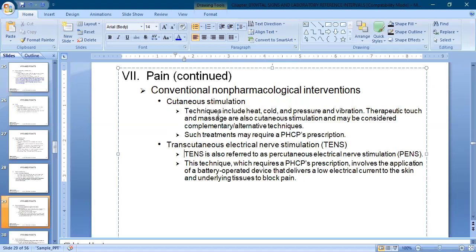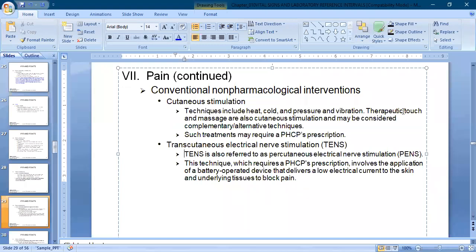So cutaneous techniques include heat, cold, or pressure, even vibration. Vibration can reduce the pain. Pressure, like acupuncture, reduces the pain. Heat therapy, cold therapy, or even hypnotizing techniques also reduce the pain.